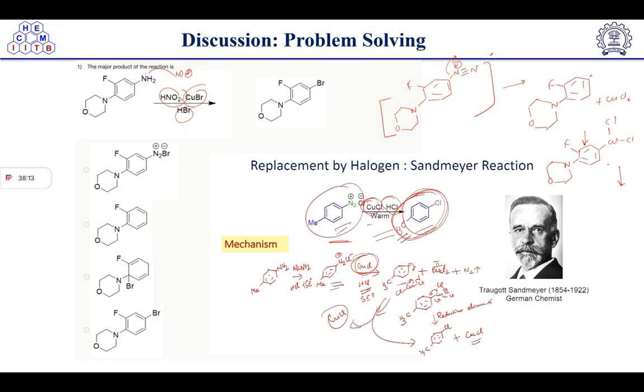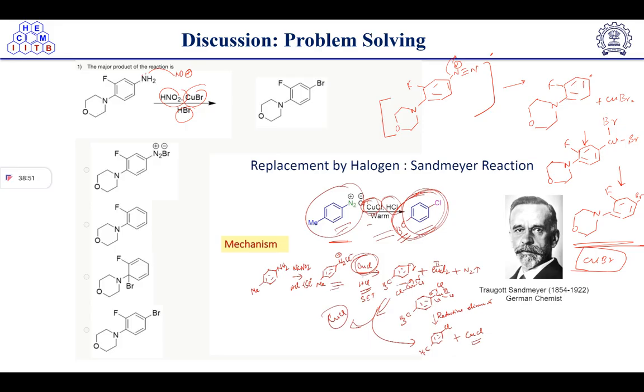Right? So reductive elimination will give me halogen atom here. Right. Sorry, in this case we have bromide. I should have written here bromide. This is the product we are getting here. And copper bromide will be regenerated.